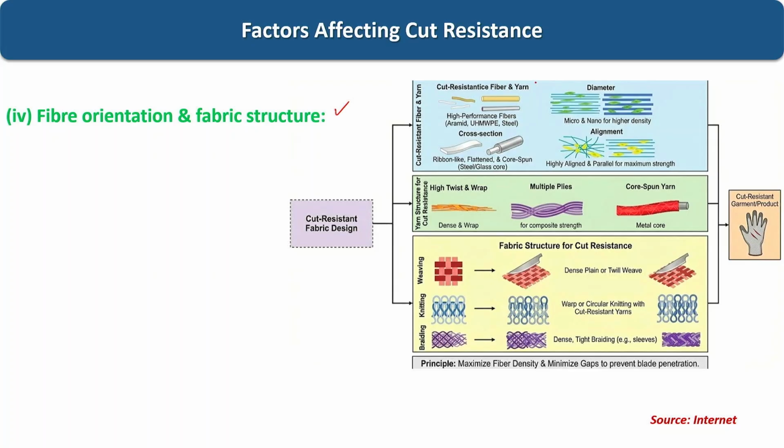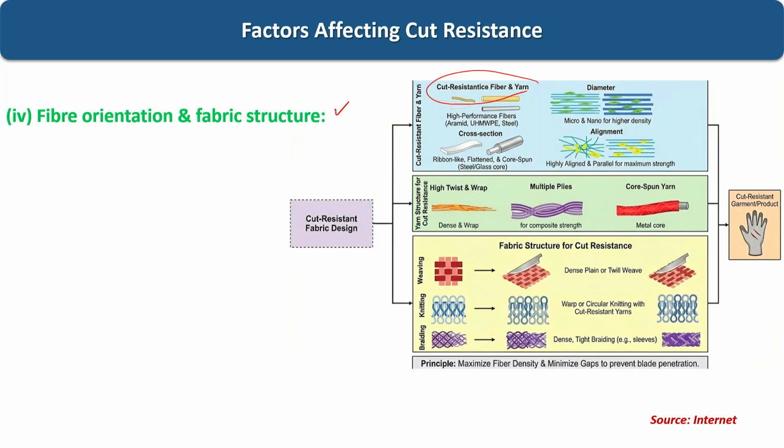So, yarn is made of a number of fibers. And the fiber is a polymer; suppose we are using a high performance fiber, but if we orient that fiber in different directions, we can manipulate the cut resistant characteristics.